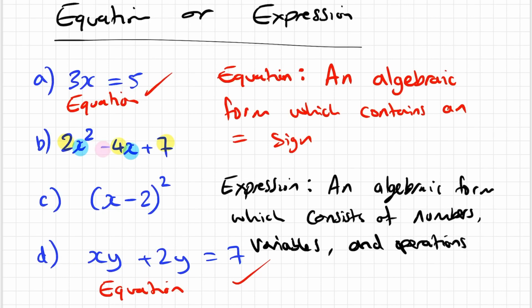Here's an operation, subtraction. Here's another operation, addition. In fact, I could just highlight this to reference numbers, variables, and of course, operations. So therefore, we have an expression. This is an expression, and this is also an expression. There's no equal sign, simple as that.